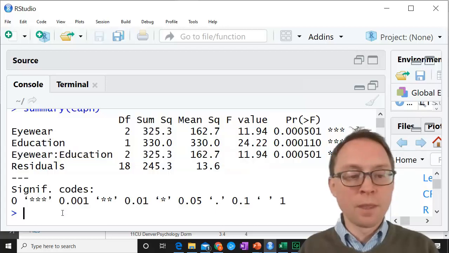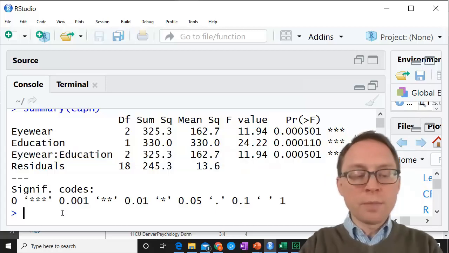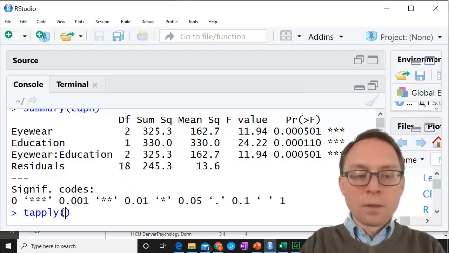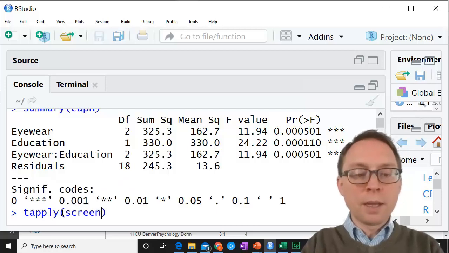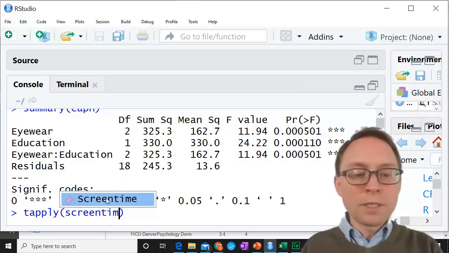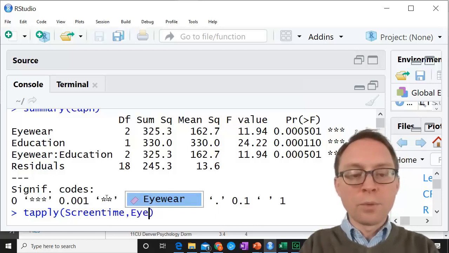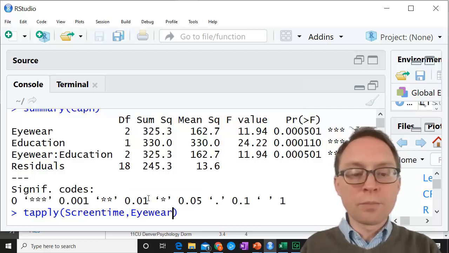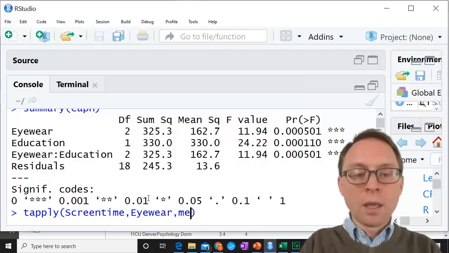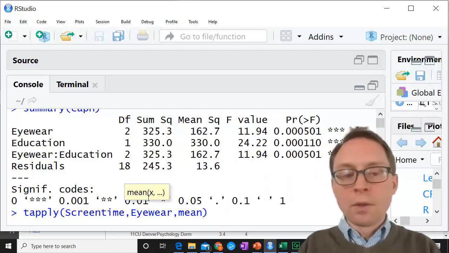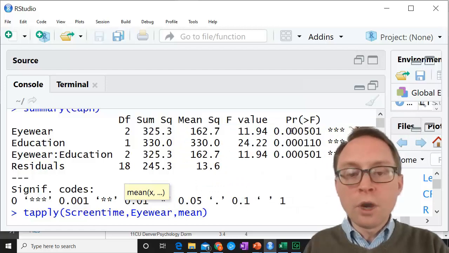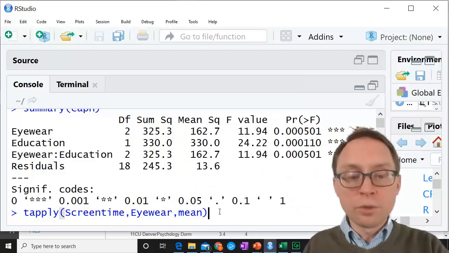People who wear glasses and have no diploma, I think they watch significantly less than everybody else. That's what I think. So in order to do this, let's go ahead and get the means. We'll do the tapply, screen time. And this time we're going to separate screen time by eyewear. We're going to look at the people who wear glasses compared to the ones who wear contacts compared to the ones who wear none and get the mean. Now, when I do this, we already know there's a significant difference between those groups.